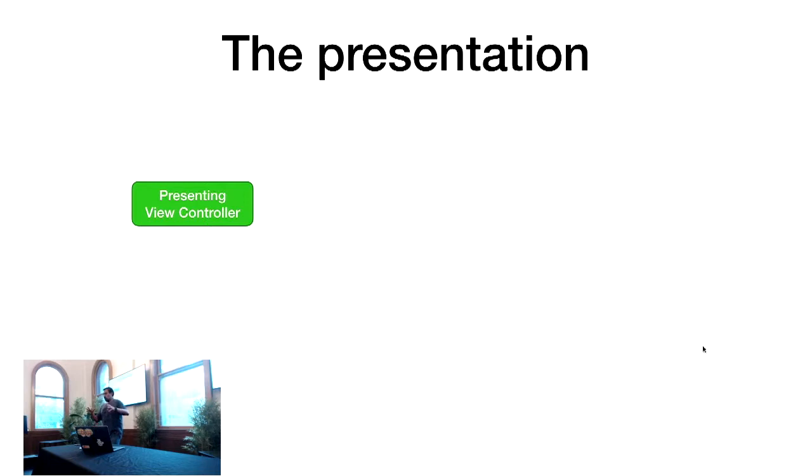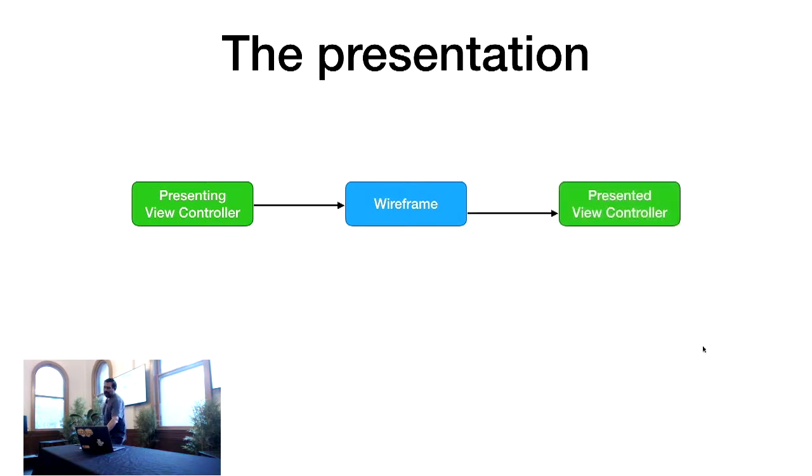So if we go into the detail of how the presentation happens, let's say we have a presenting view controller. As I was showing you, the settings, the dogs gallery. You want to present the settings. We ask the wireframe, and then the wireframe instantiates the presented view controller, and it sets itself as a transitioning delegate.